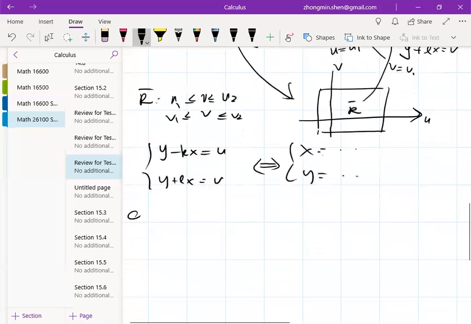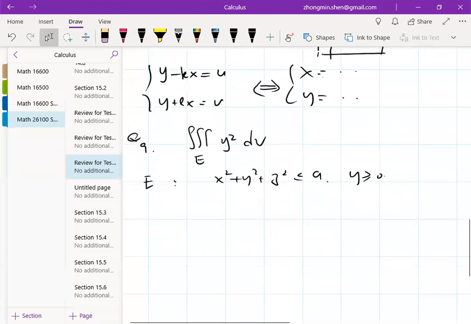All right, the next question I'm going to discuss is to evaluate this triple integral of y squared, where E is the upper hemisphere.